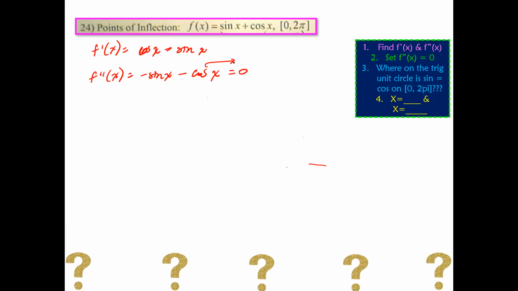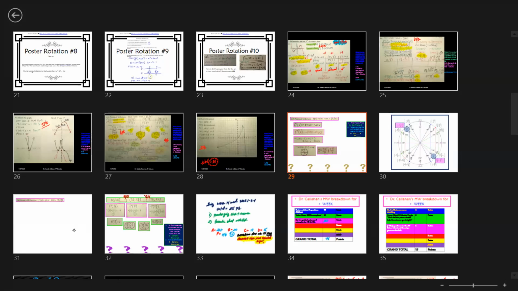Maybe move the cosine over to the right side, so that I have negative sine x equals positive cosine x. Now, if you take a look at this, when will you have a negative sine x equal to a cosine x? Think about your unit circle.